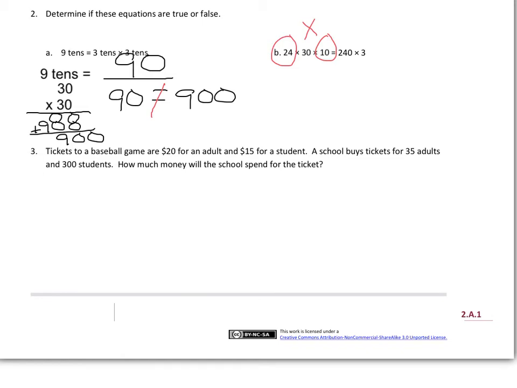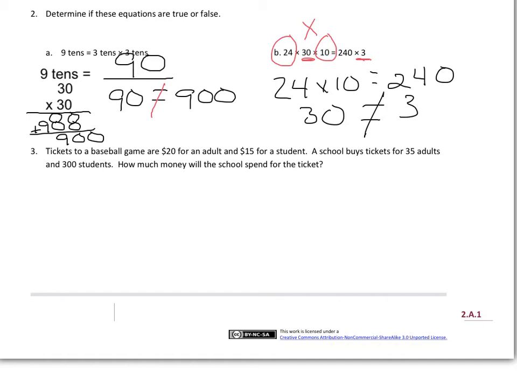On the right-hand side of the equal sign, we have the number 3. 30 and 3 are not equal. So while 24 times 10 equals 240, 30 is not equivalent to 3. So these two equations are also false. Let's now move on to question number 3.